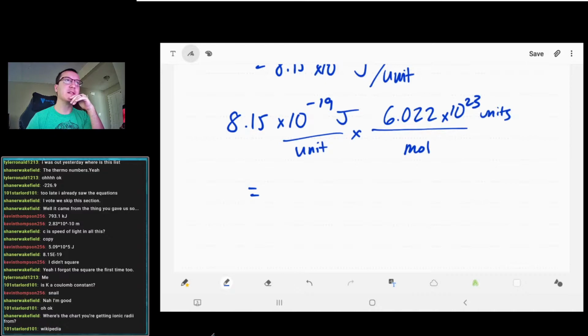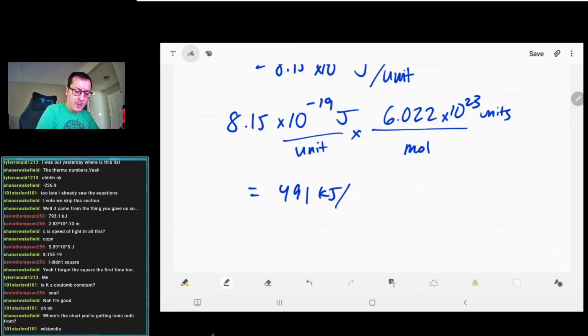What do we get from this? Okay, I'll do it. E23. This doesn't seem right at all. 491 kilojoules?